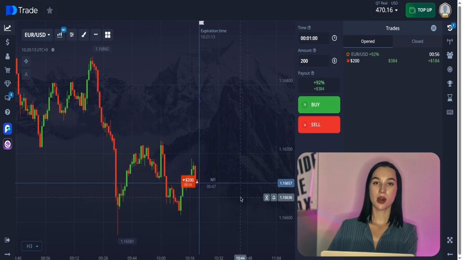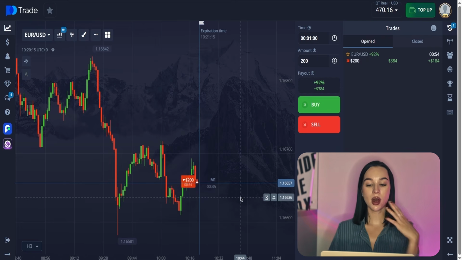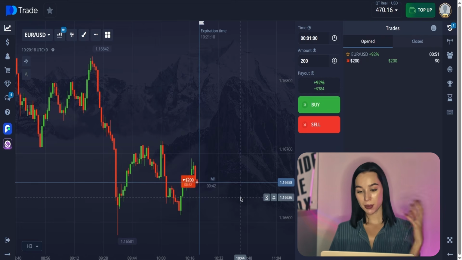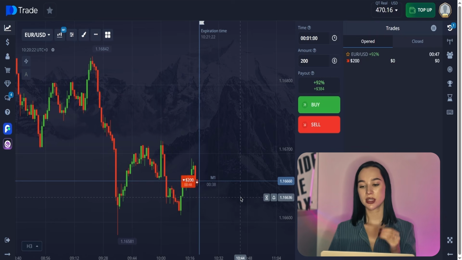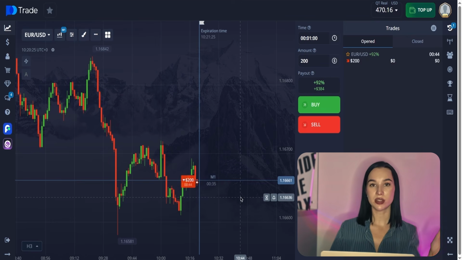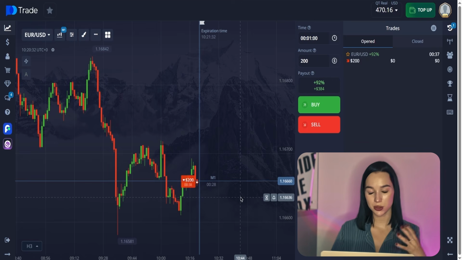Also, creators of custom indicators on TradingView constantly improve them, fix bugs, add new features, while built-in indicators in broker platforms can remain unchanged for years. And of course, I'm not saying that the built-in indicators on Pocket Option are bad. Of course not, because it's the basic. I use them every day.